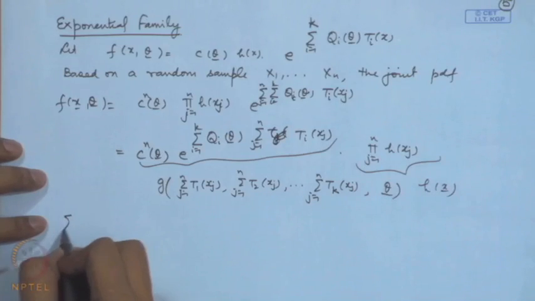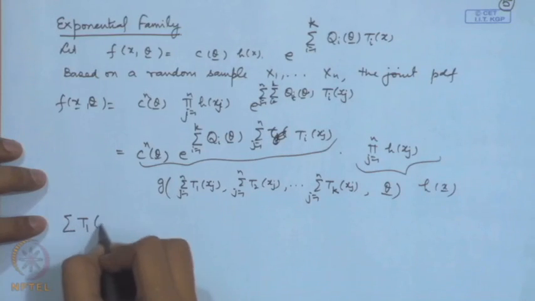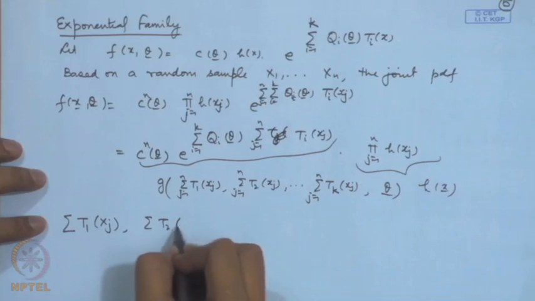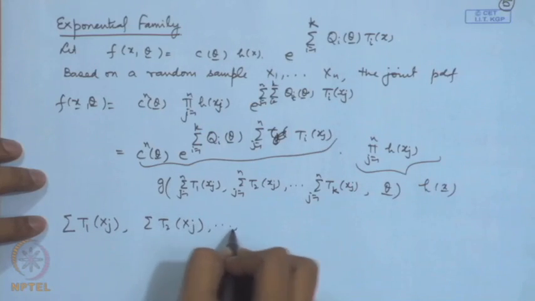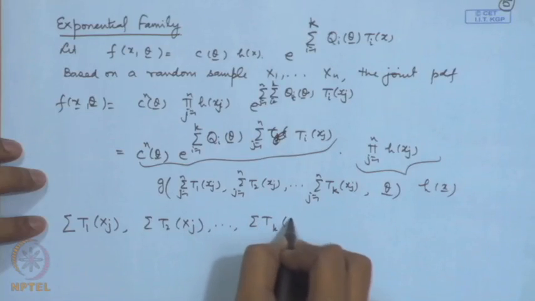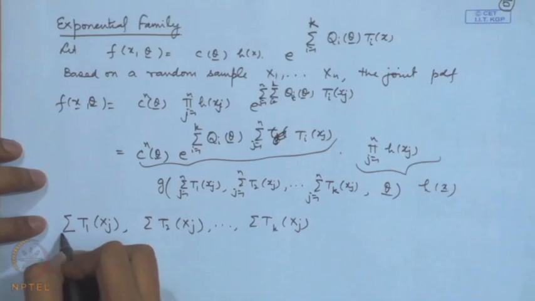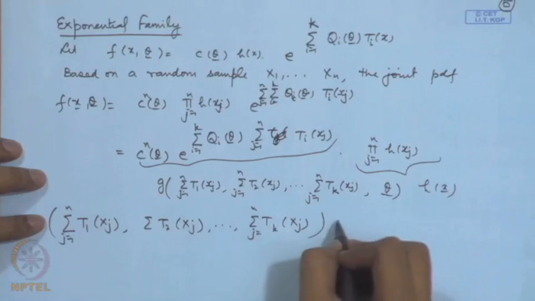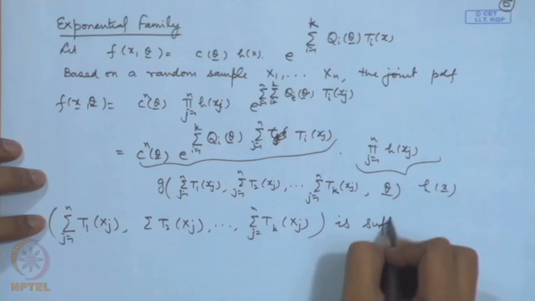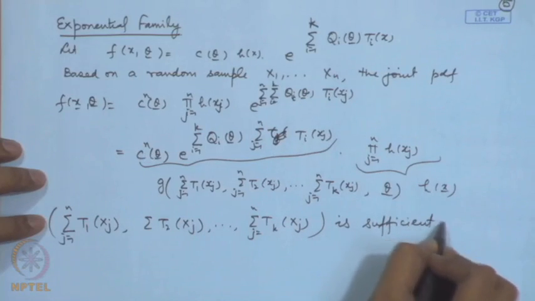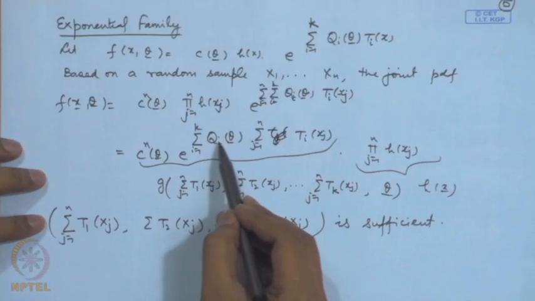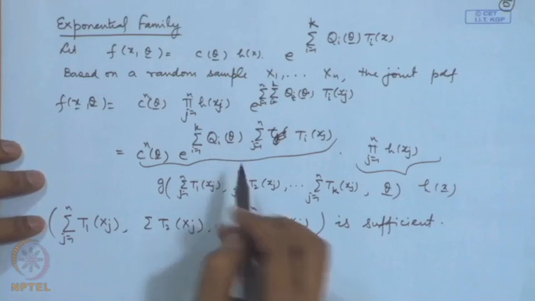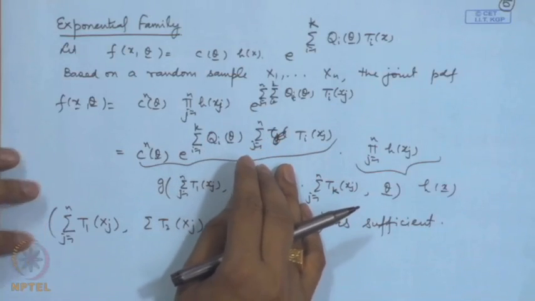So, we conclude that sigma of t 1 x j, sigma of t 2 x j, and so on, sigma of t k x j, j is equal to 1 to n, is sufficient. Of course, when we write like this, we assume that q 1, q 2, etcetera are linearly independent, otherwise some of the terms can be merged together.